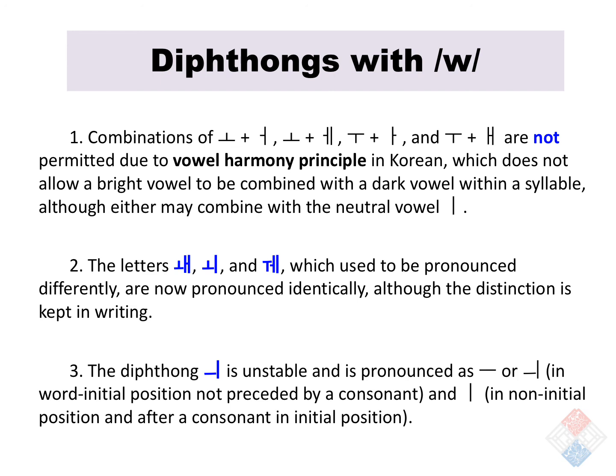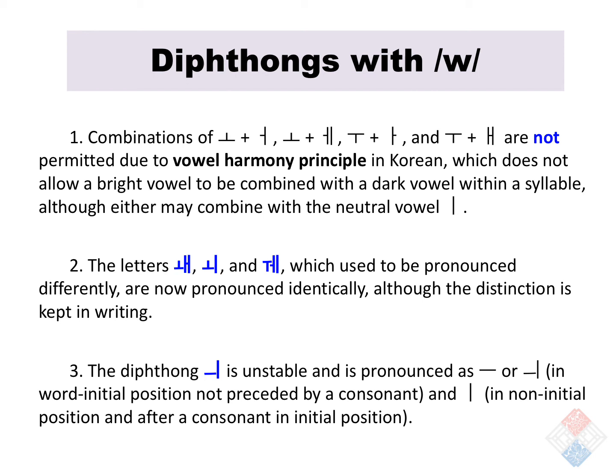Right. Okay, now diphthongs with a w sound. There are six diphthongs beginning with the sound w. The Korean vowel letters o and u are used to represent the semi-vowel sound w. So this combination only happens with these three vowels. So you add o with a, then you come up with wa.